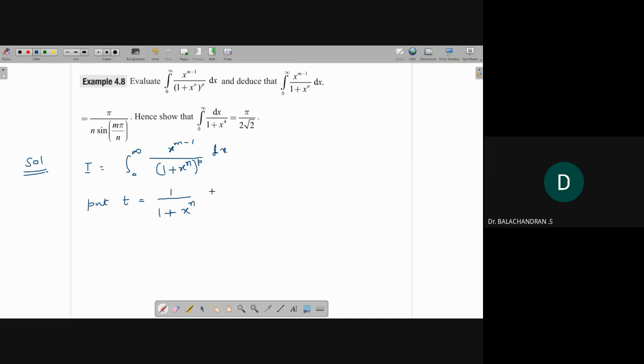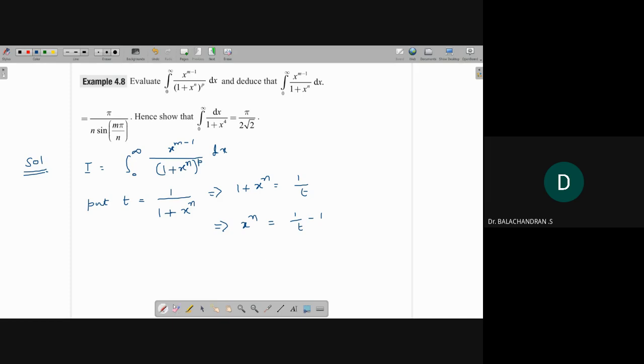Just cross multiply: 1 plus x power n is equal to 1 by t. So this implies x power n equals 1 by t minus 1. You can keep it like this.